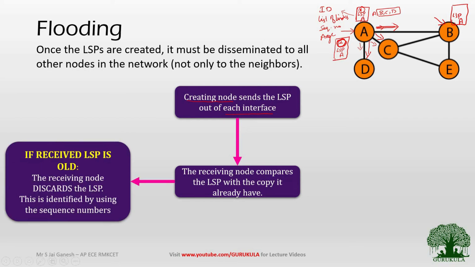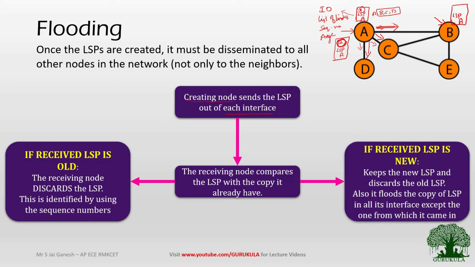If the received LSP is the older one, then B need not update anything. So B will simply discard the packet which is being received. And in case the LSP is the new LSP, then B will update its own table, keeping the new LSP and discarding the older one.